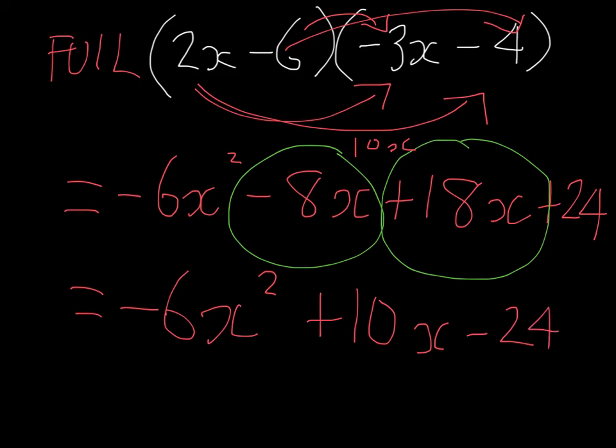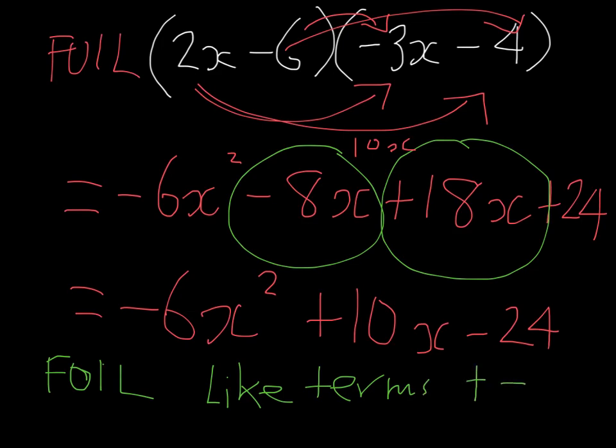The key to remember with quadratics is the FOIL technique. So first, outside, inside, last. And also, as always, with algebra and expanding equations, be mindful which are like terms. Be mindful which are positive and negatives and what we need to do with positive and negative operations.